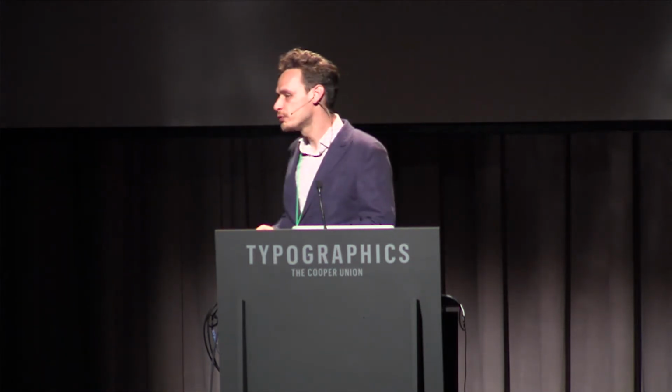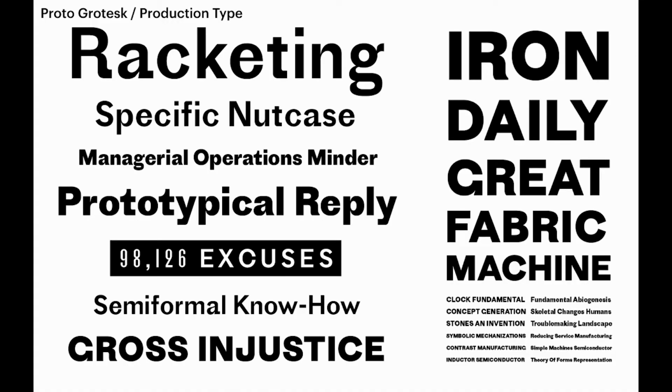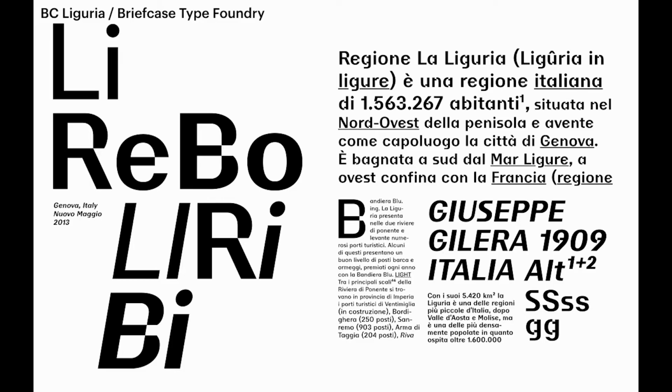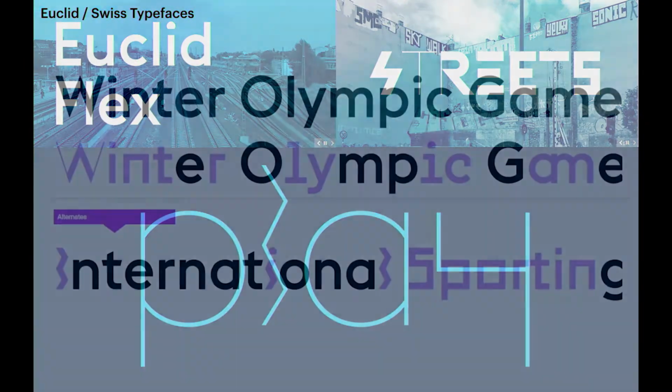It's super interesting. Some projects we kind of put in a section of, let's call it bravery, confidence, boldness: Proto-Grotesque, Chap, Chicken Toika, Laguria, Briefcase Type, Euclid, Swiss Type.